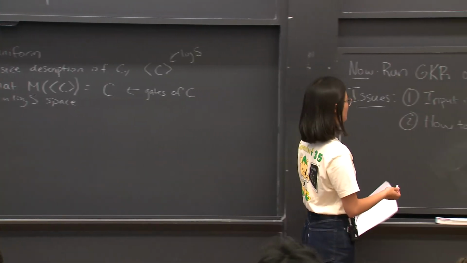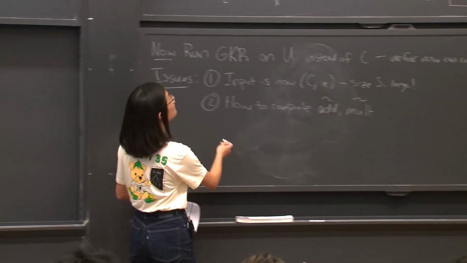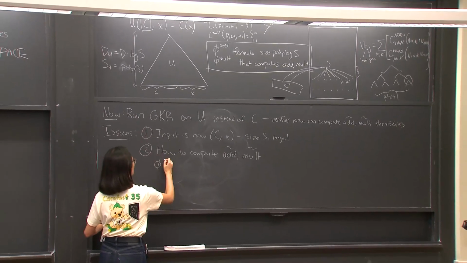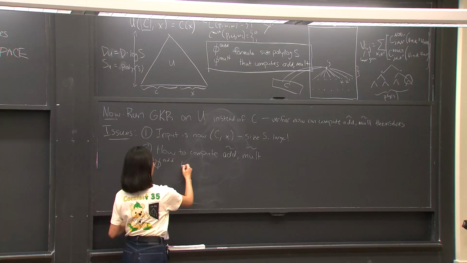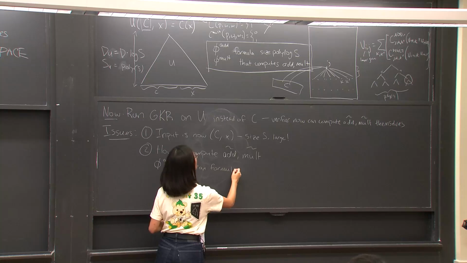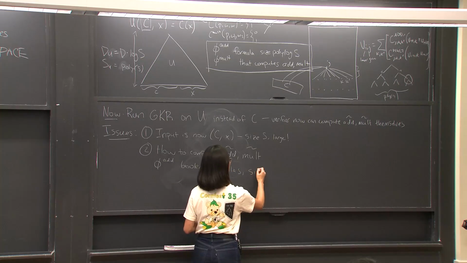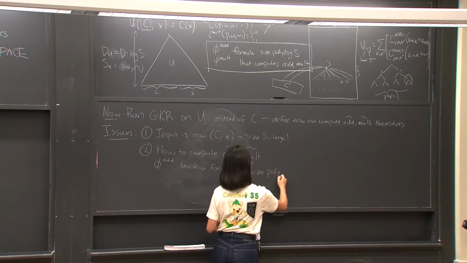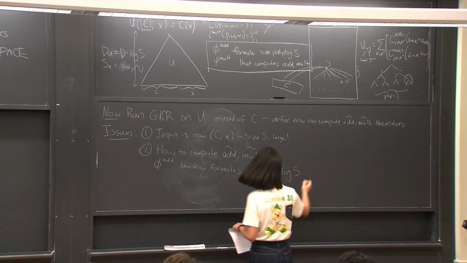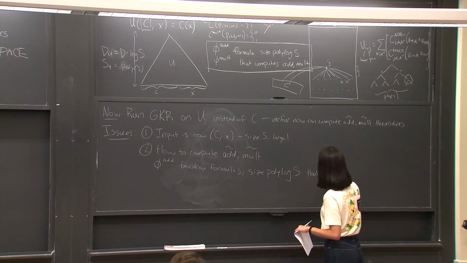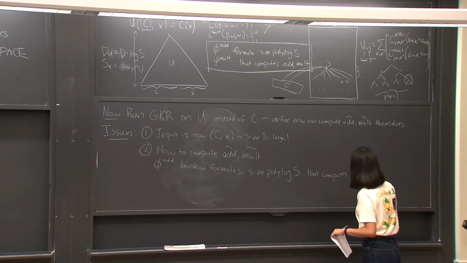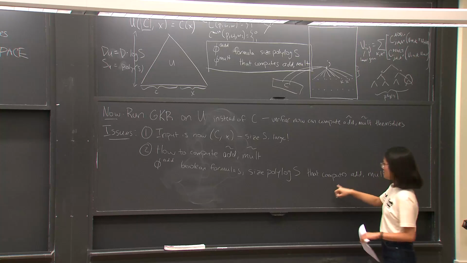Okay, so second issue, how do we compute add and mult? Let me write down what I put there. We have these two Boolean formulas, and it's going to compute add and mult.